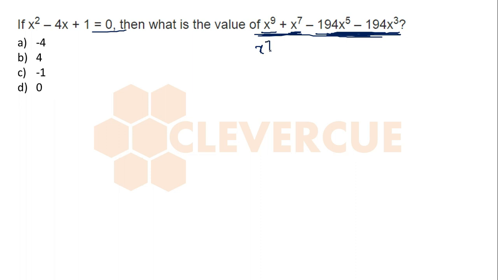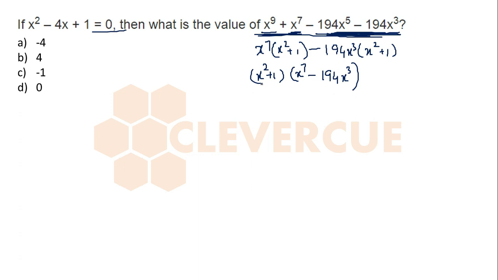So you will be left with x to the power of 7 into x square plus 1 minus 194 x cube into x square plus 1. Now this will be equal to x square plus 1 into x to the power of 7 minus 194 x cube. Okay, you are left with this equation.